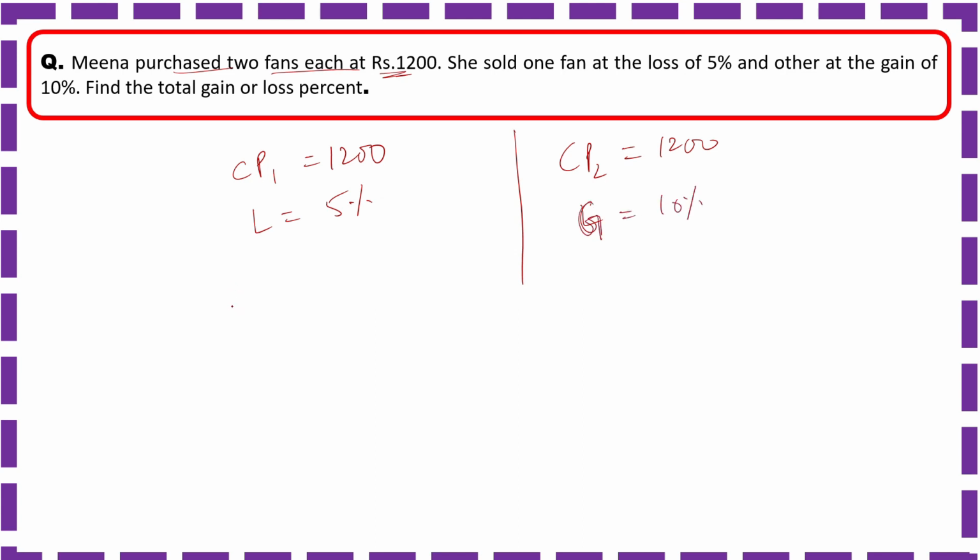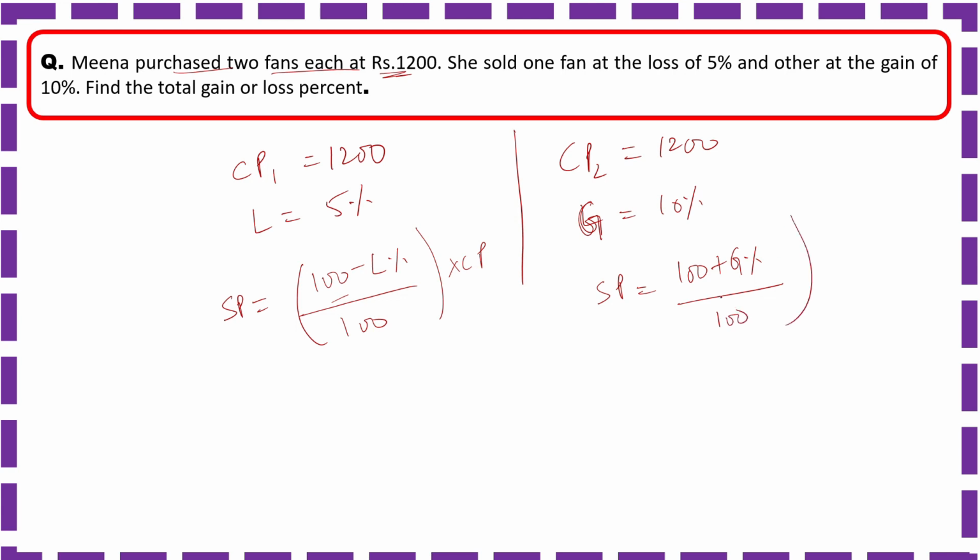And we know the formula, that is SP is equal to 100 minus loss percent by 100 into CP. And in this case, SP is equal to 100 plus gain percent by 100 into CP. See, why we have taken these two formulae in these two situations is we have loss percent, so we considered the loss percent formula, and we have gain percent here, so we considered the gain percent formula.